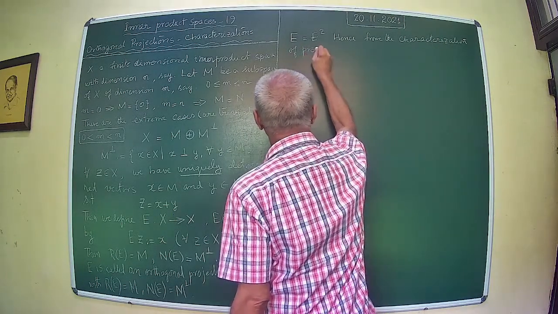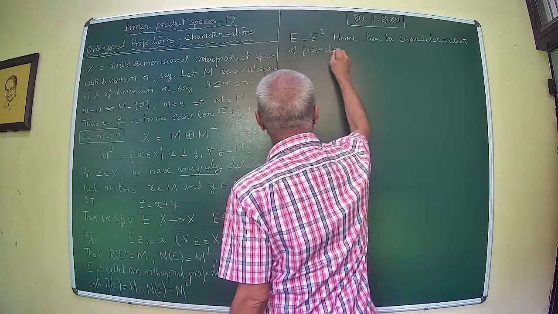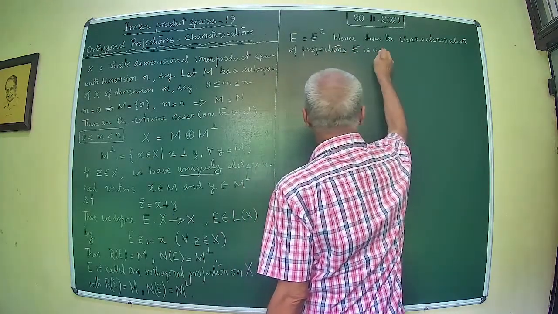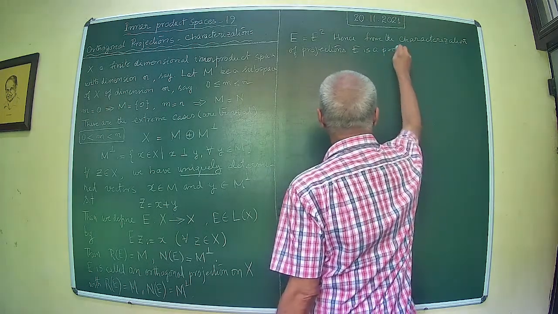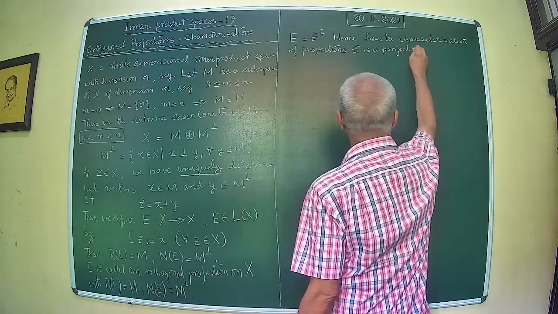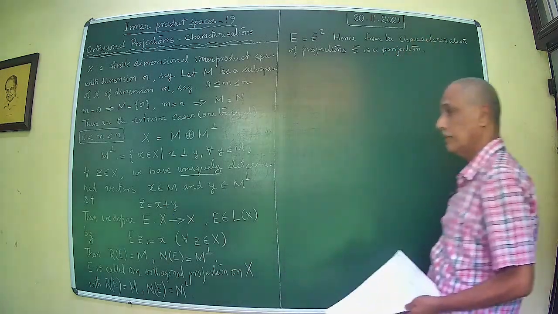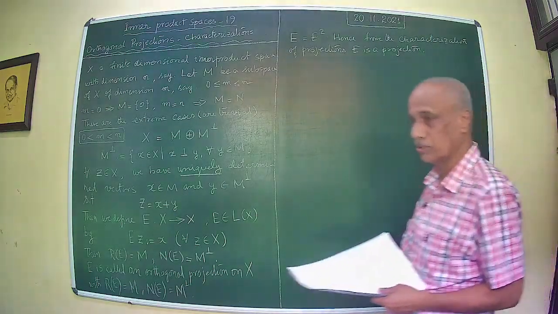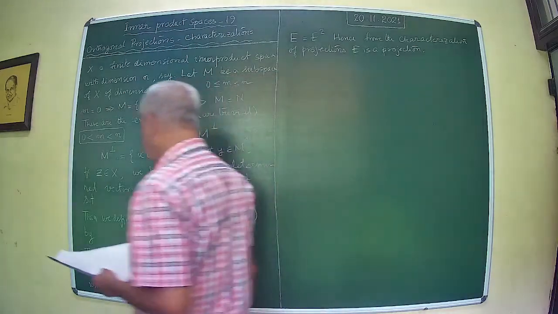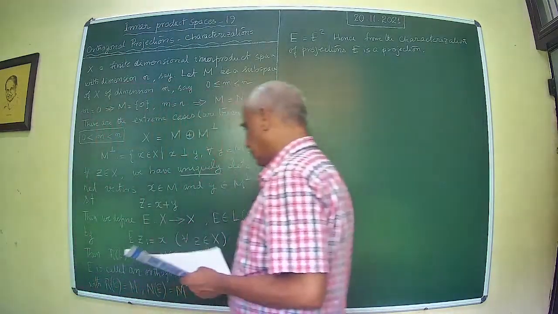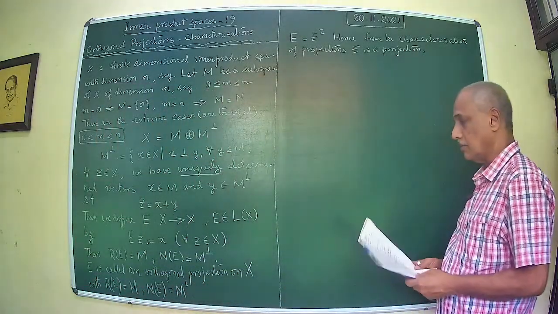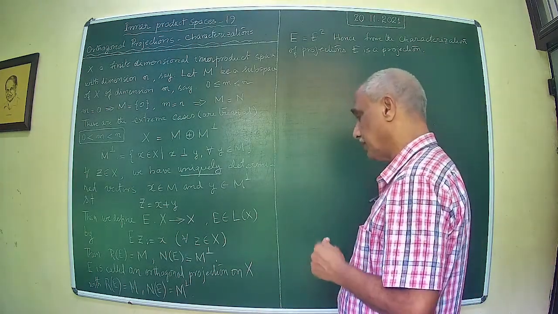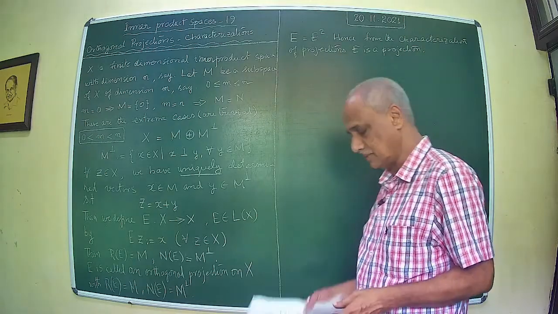Here the additional property that you have is that E is an orthogonal projection, because the range of E and the null space of E are mutually orthogonal.